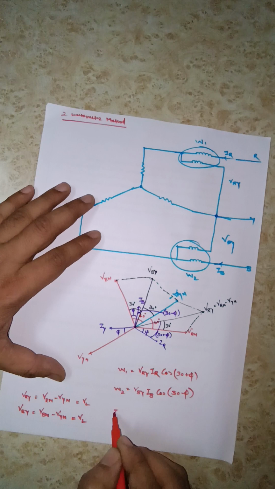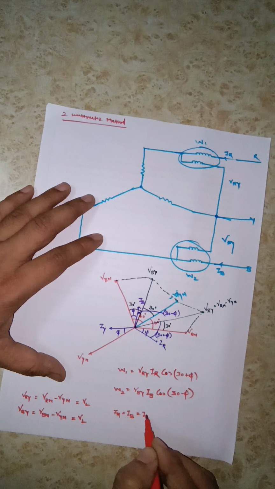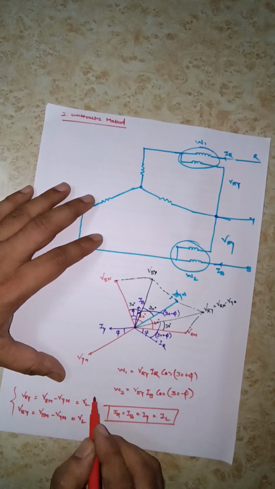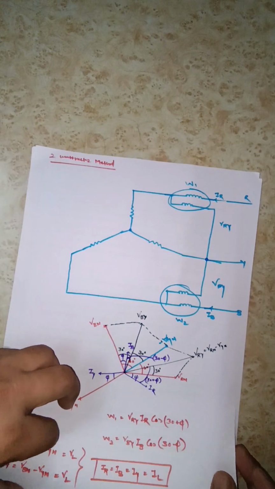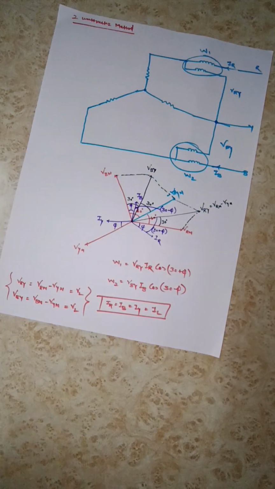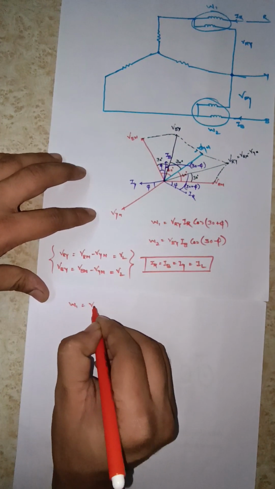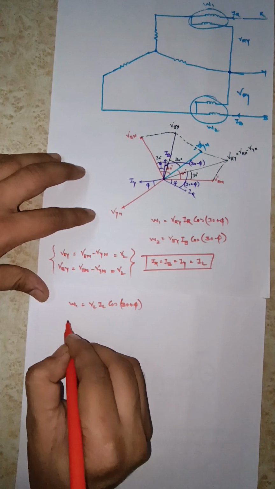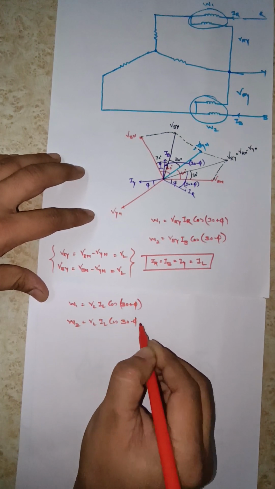So IR, IB, IY all will be replaced by IL. So I will replace these terms by VL and IL. So look here, what will be the final equation of W1 and W2? W1 will be equal to VL IL cos 30 plus phi, and W2 will be equal to VL IL cos 30 minus phi.